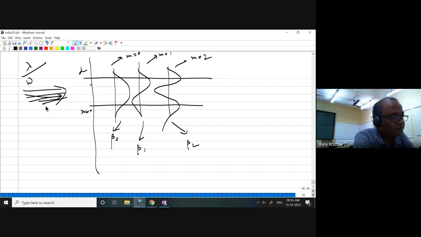What will happen? All the 3 modes will be excited? These are the mathematical solutions. Only if an energy source is given will they start guiding. They will take over. Is that clear?